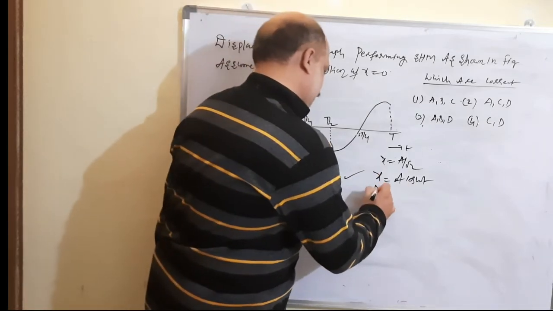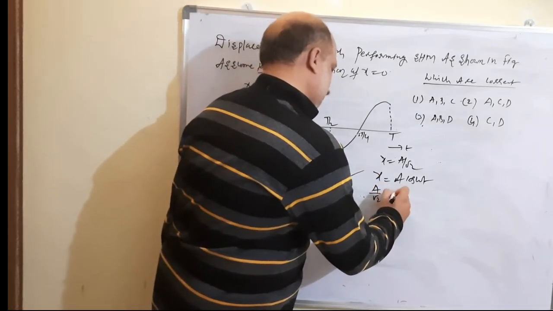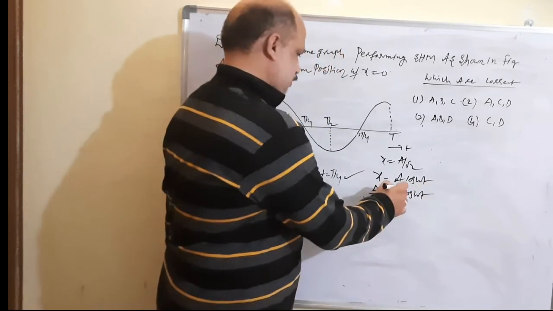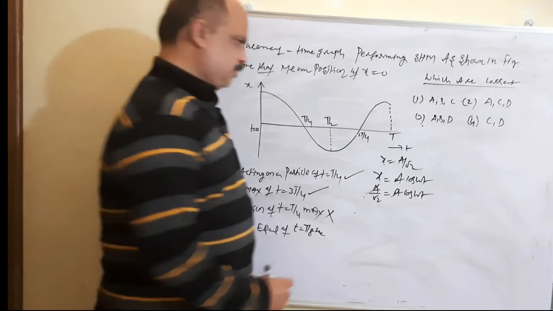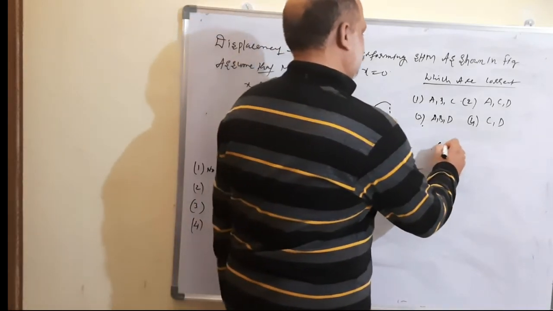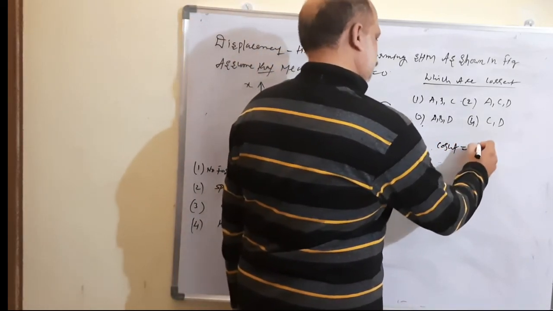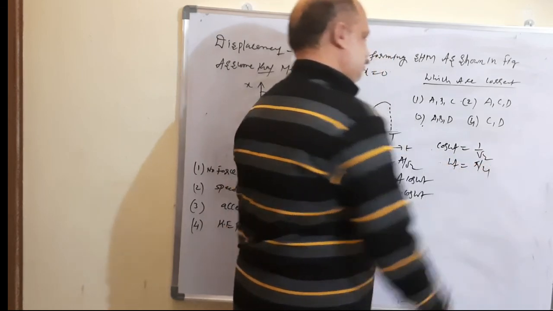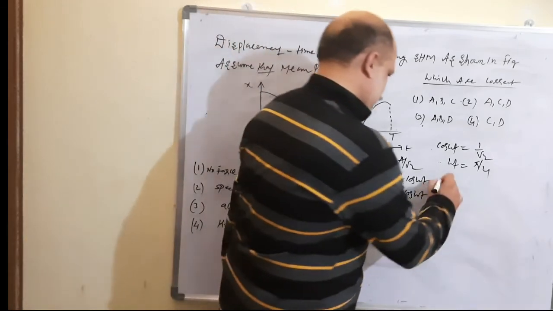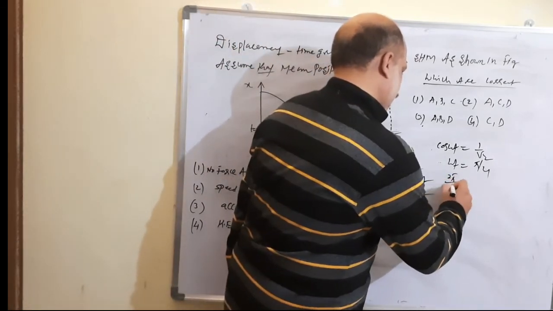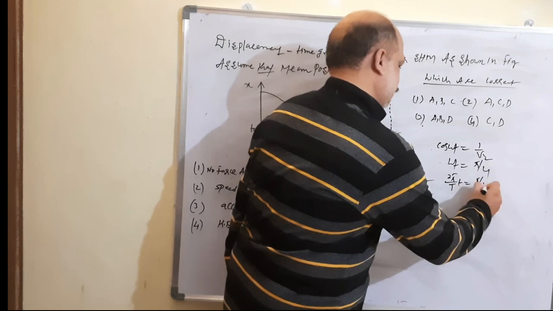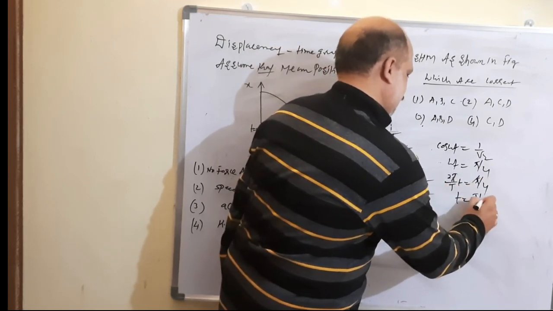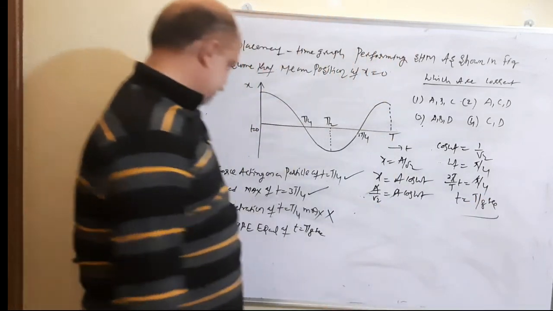Substitute this value: A by root 2 is equal to A cos omega t. A cancels. So cos omega t is equal to 1 by root 2. Omega t is equal to pi by 4. Omega is 2 pi by T, so 2 pi by T into t is equal to pi by 4. So t is equal to, pi cancels, T by 8 seconds. That means this option is correct.